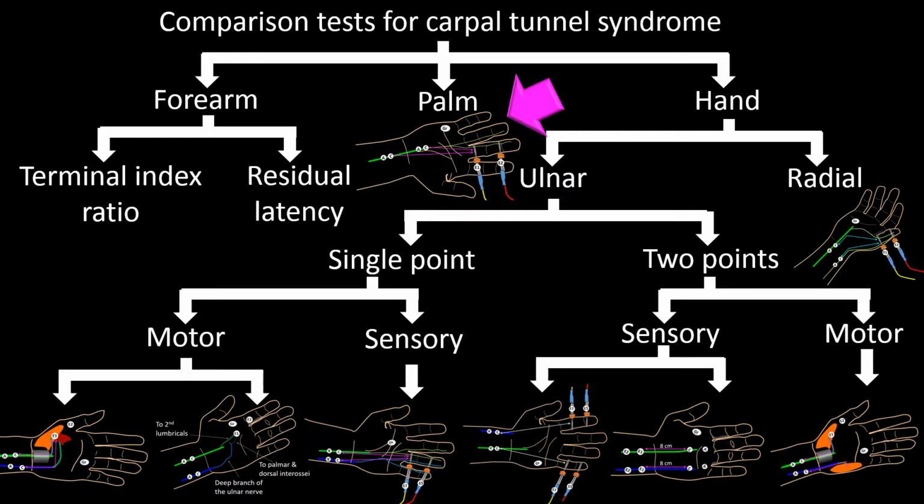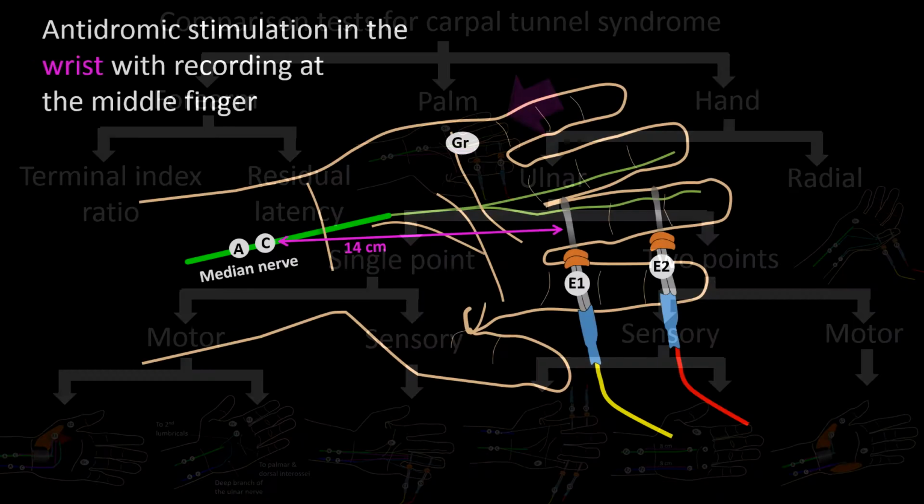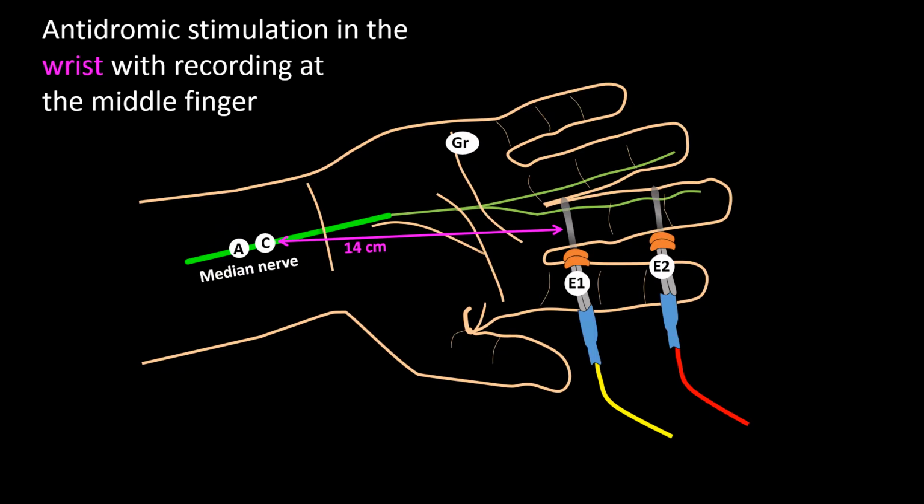This test is primarily done to distinguish carpal tunnel syndrome from peripheral neuropathy. This antidromic test is performed by placing the cathode on the median nerve 14 centimeters from E1 in the middle finger and performing a second stimulation at the palm 7 centimeters from E1 as indicated in this figure.